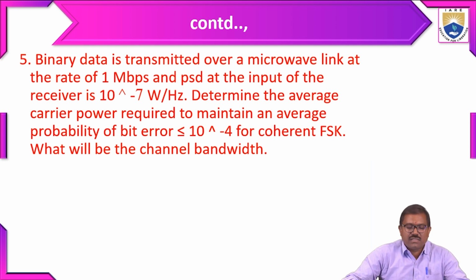Determine the average carrier power required to maintain an average probability of bit error of 10 to the power of minus 4. So the probability of error must be less than 10 to the power of minus 4 for coherent FSK.